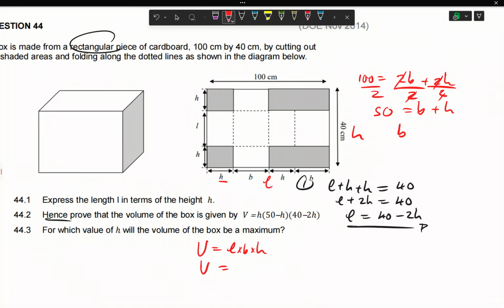So now b is 50 minus h. So now your length, I don't know which one you can call your length, guys, but I'm just going to say this is my length, 50 minus h, and then I can call this my breadth.